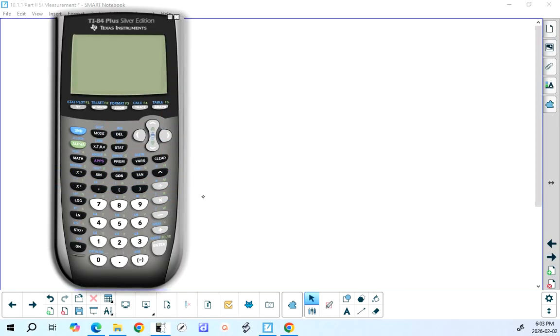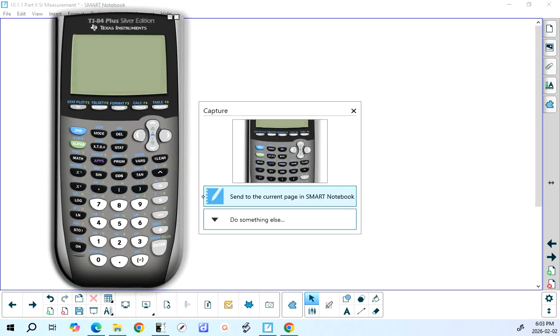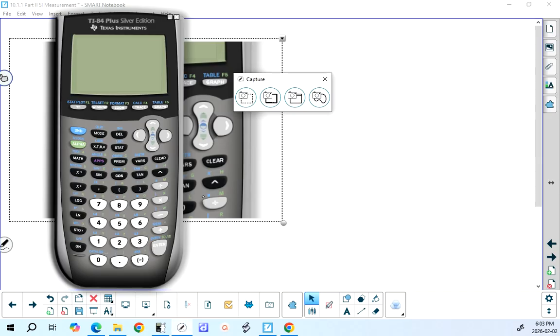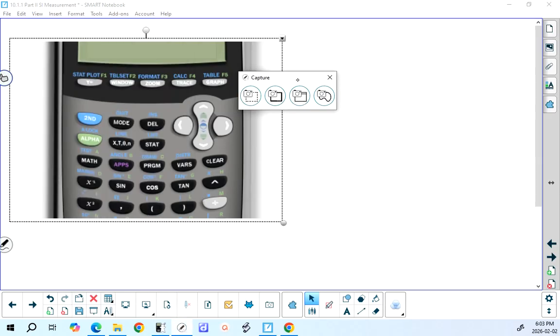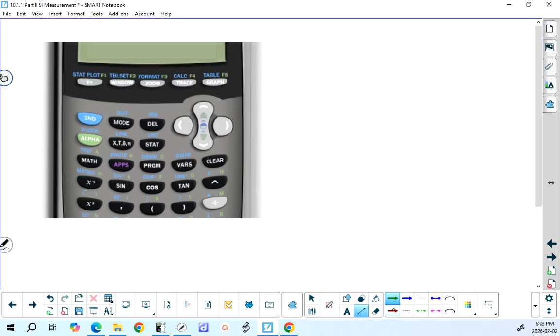And on my calculator, it is right there. It might be a little faint in the video, but it's right there.